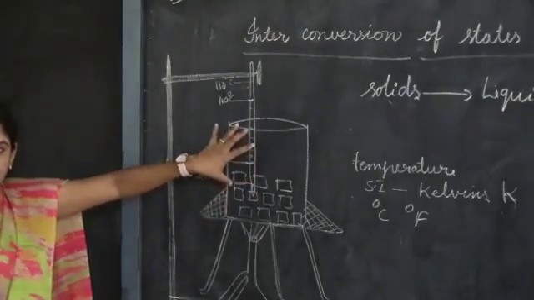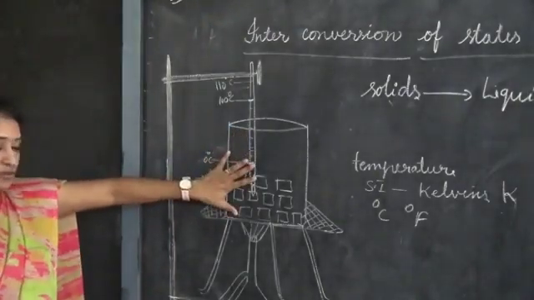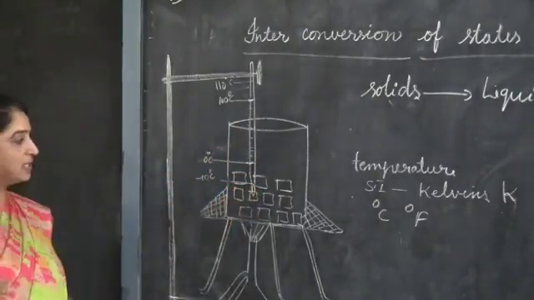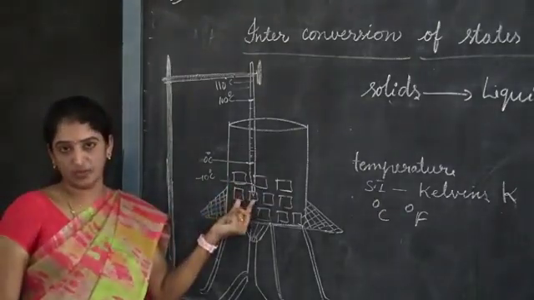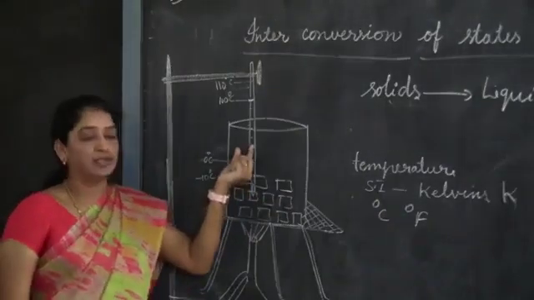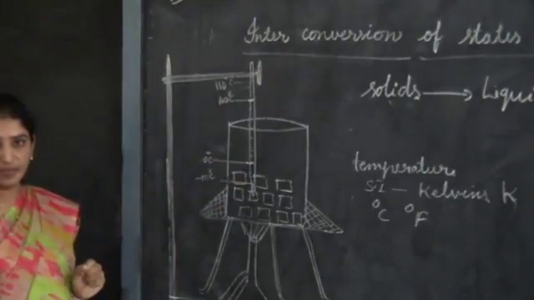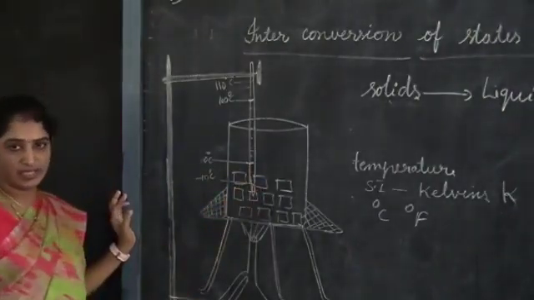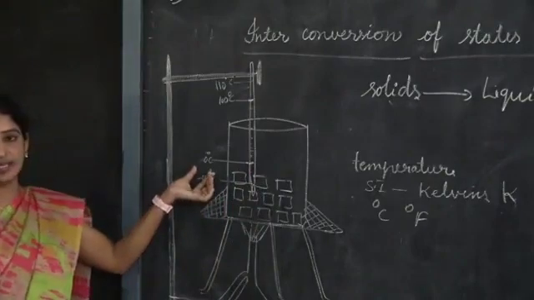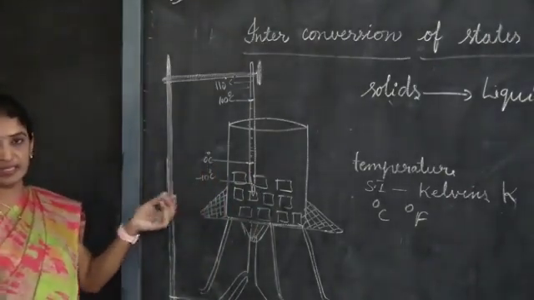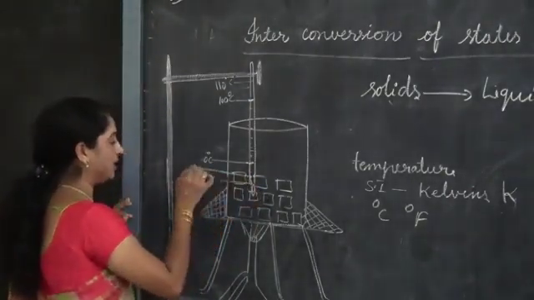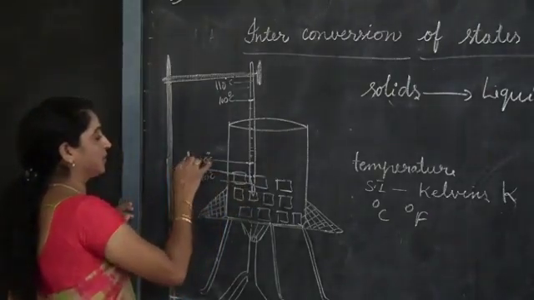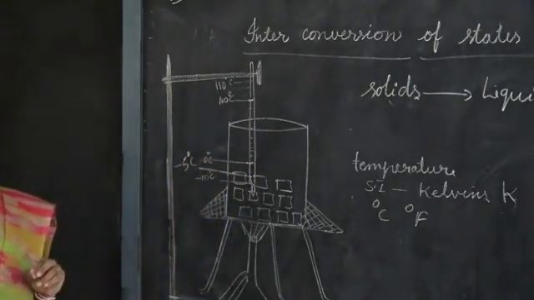So first, initially know the temperature of the substance. The substance present in the beaker is ice cubes. First note down the reading of the laboratory thermometer. It shows definitely less than 0 degrees centigrade. It may be -5 degrees, it may be -3 degrees. So the temperature initially, let us assume, is -5 degrees centigrade.